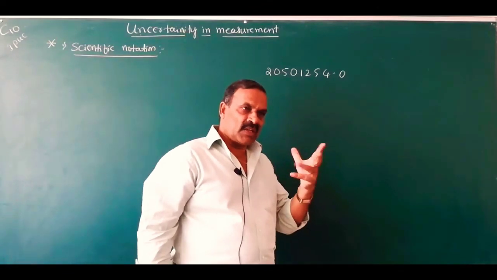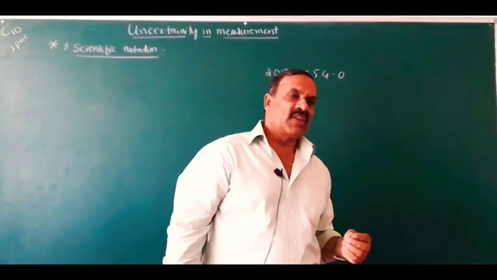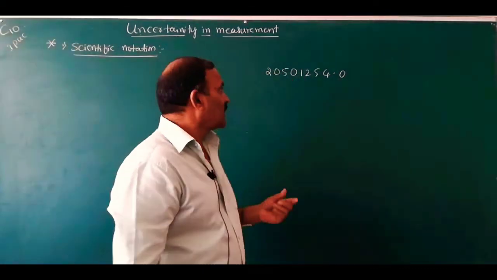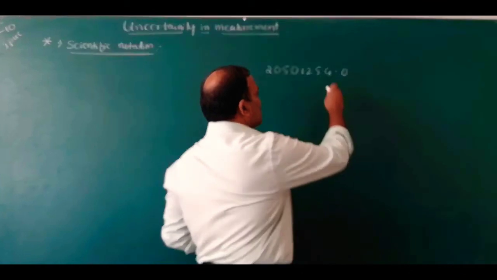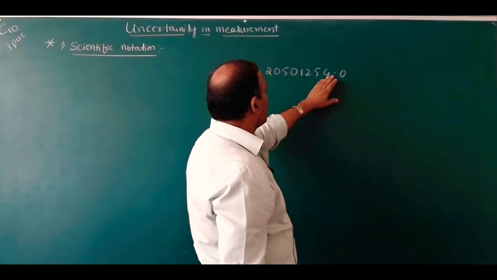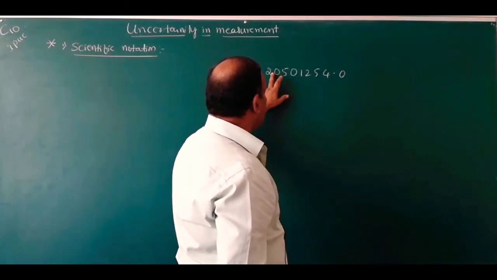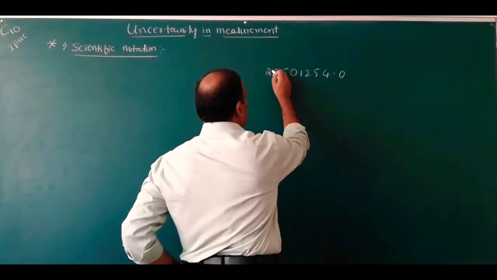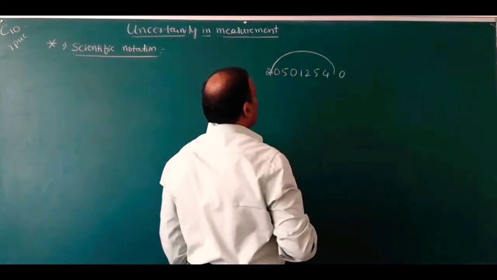Therefore, these big numbers are written in the form of exponents. Here is the decimal point. This decimal point can be shifted to one place after the first digit.